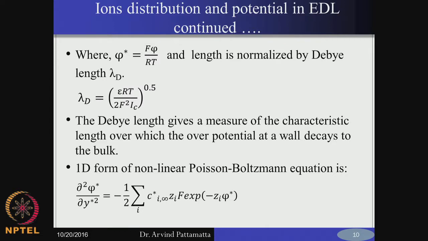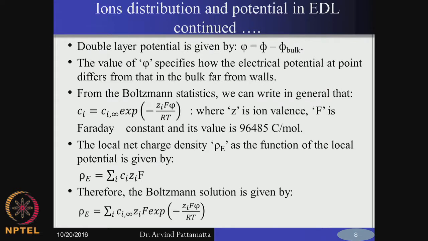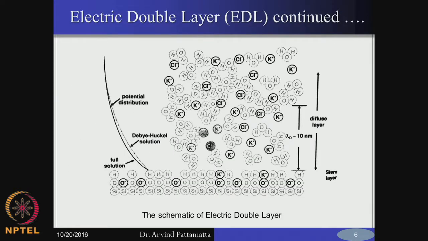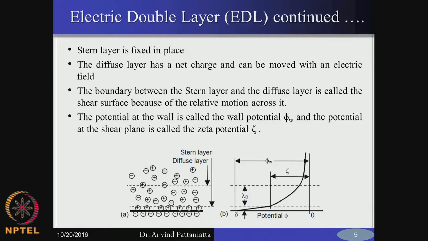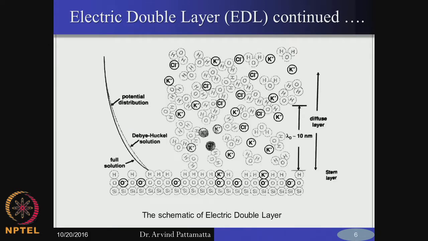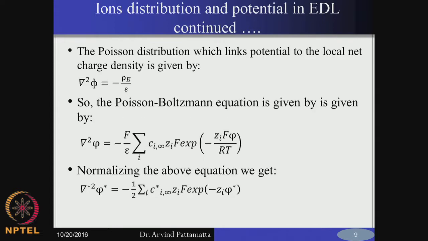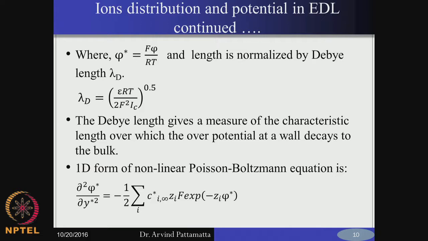So, if you write it in one dimensional notation, suppose I want to solve the Poisson-Boltzmann equation for just the vertical profile, the variation of excess potential as a function of only y for a simple case of a single plate. Okay. So, in this case, I have to write this Laplacian operator del square phi star as a function of only y.